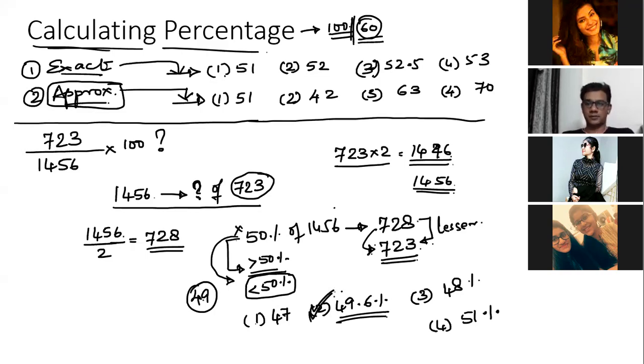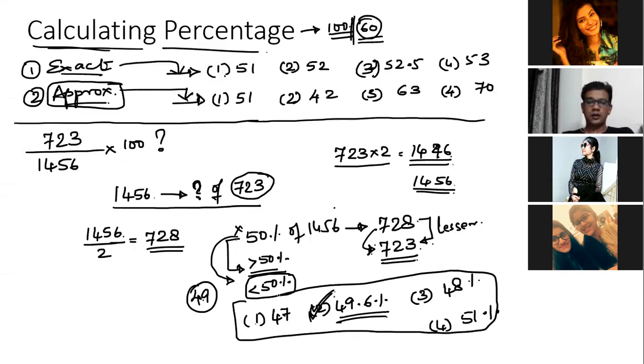But the answer options that I have given you actually do not come under the approximate kind of answer option. If this was a real question, the answer options would have been something like this: 49.6, 43.5, 52.8 and 50.5.